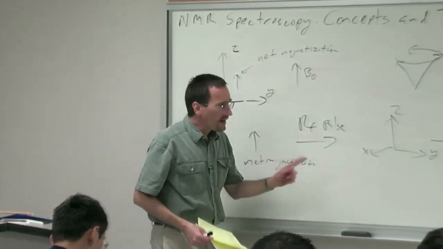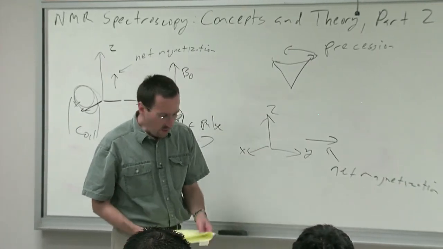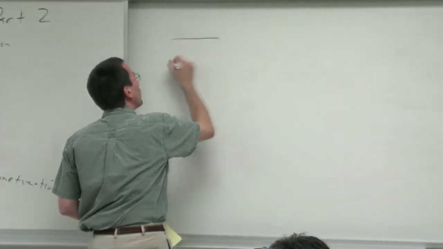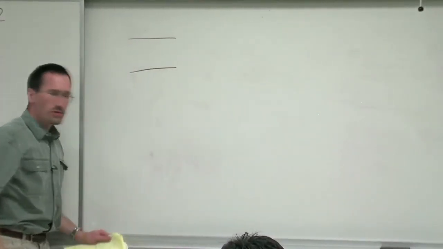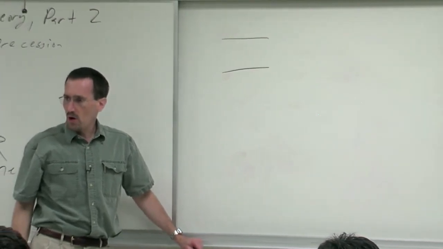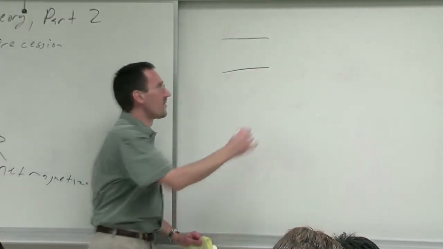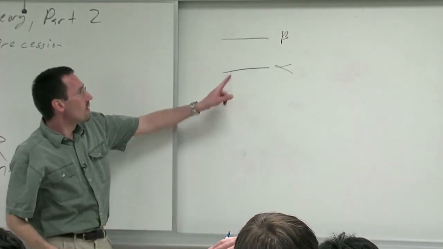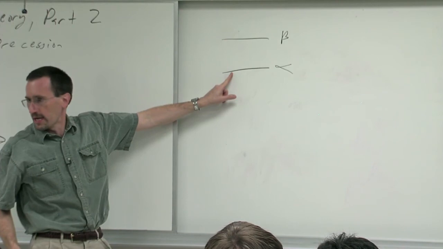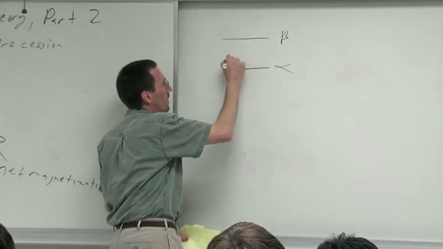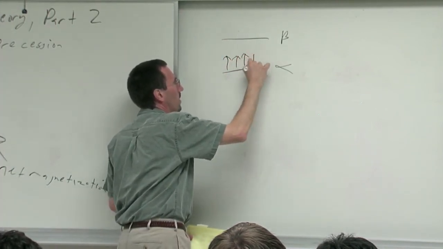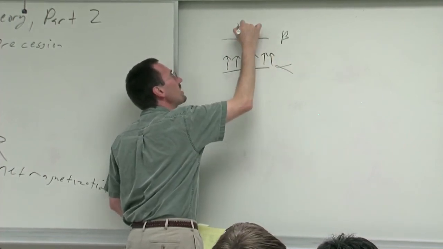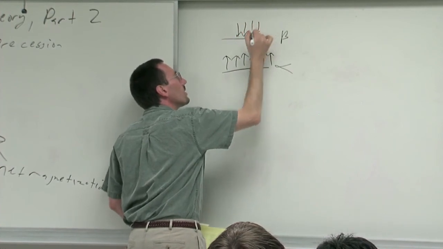All right, let's come back to our spins to see what this means. The way I was trying last time to represent this very small difference between the alpha state and the beta state was to show some spins pointing up in the alpha state and some spins pointing down in the beta state.